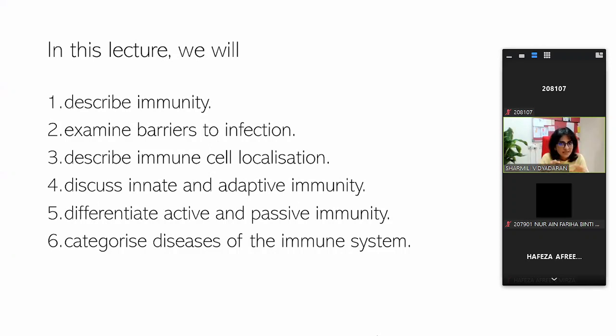Because the best analogy you can have in your mind when you're learning about immunology and immunity is war, right? If your body is a nation, a country, and you can be attacked by an enemy at any point, you would want some form of defense everywhere within your country. And that's what your immune system is designed to do.